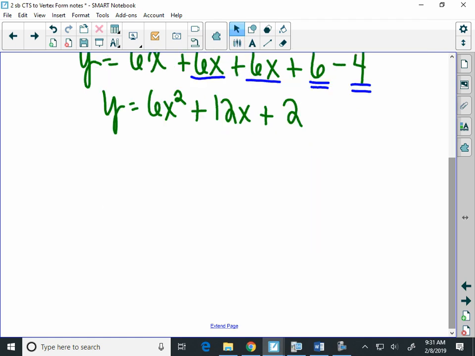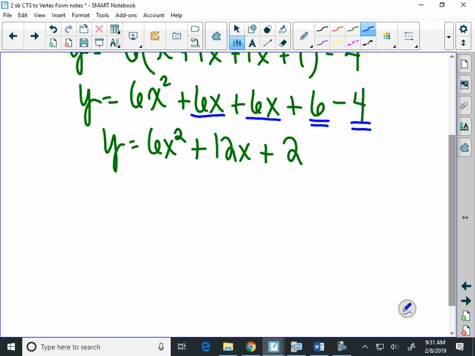And the standard form is y equals ax squared plus bx plus c. What we started with was vertex form and we converted to standard form.